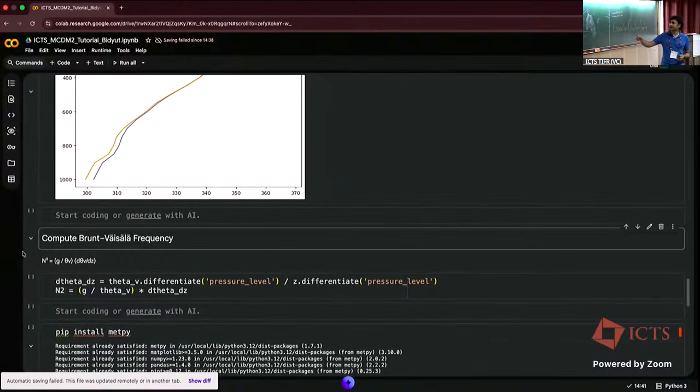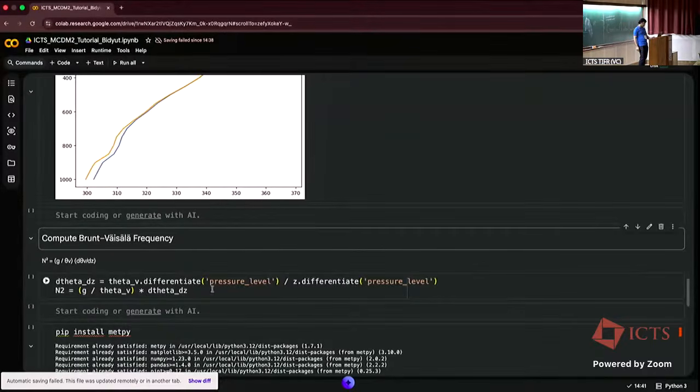I think you can still see my N squared equals g by theta V, d theta V by dz. Please tell me if I need to make the fonts bigger. My code just does what the formula shows, and it should be pretty easy.